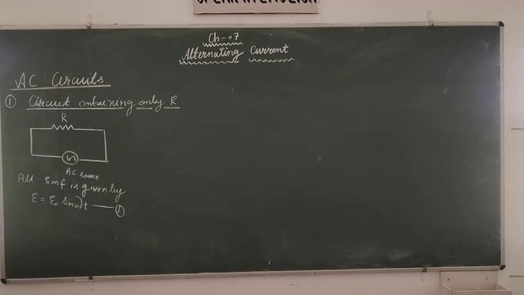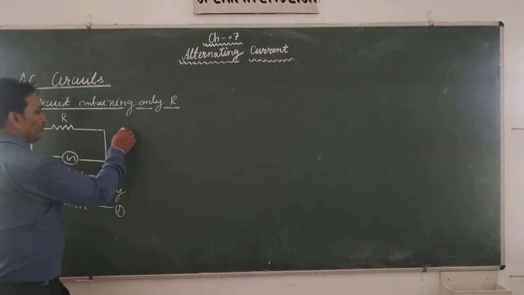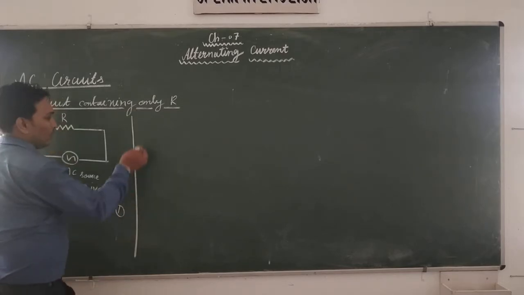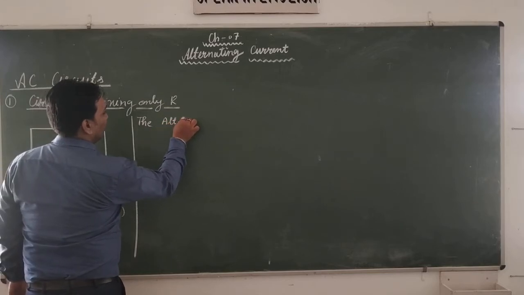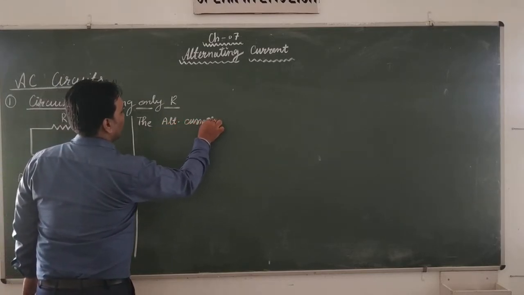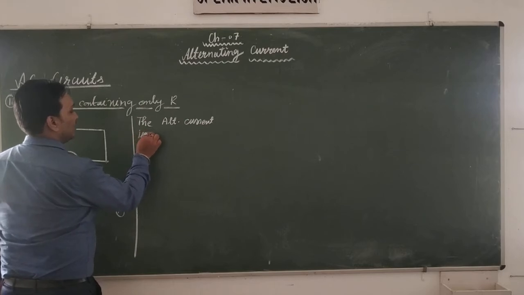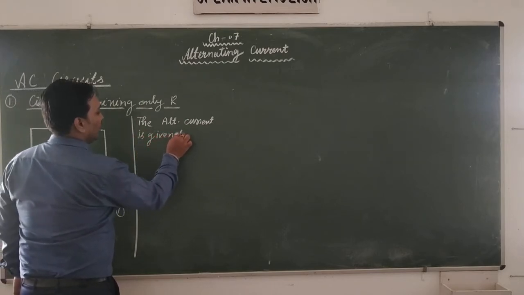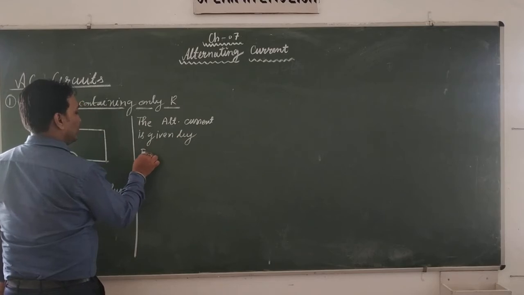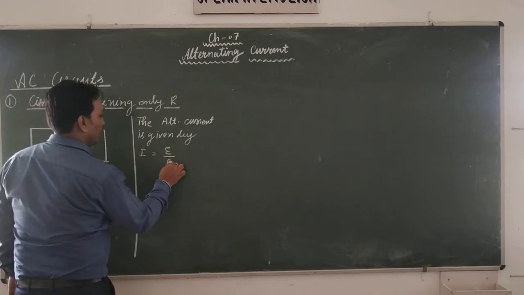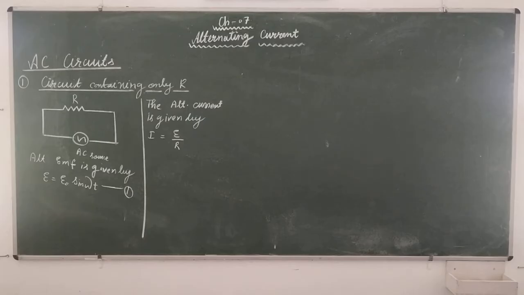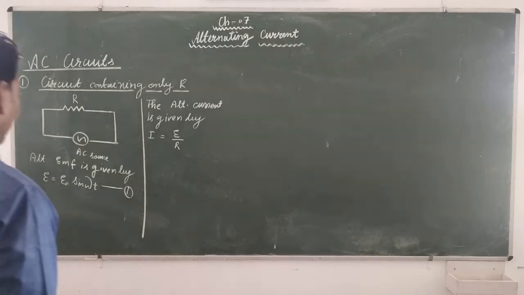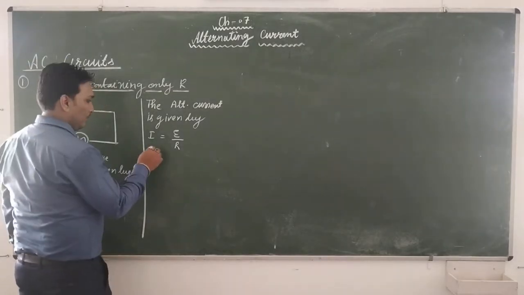Okay. So what will be the value of current? The alternating current is given by I is equal to E upon R. So let us put the value of E over here.